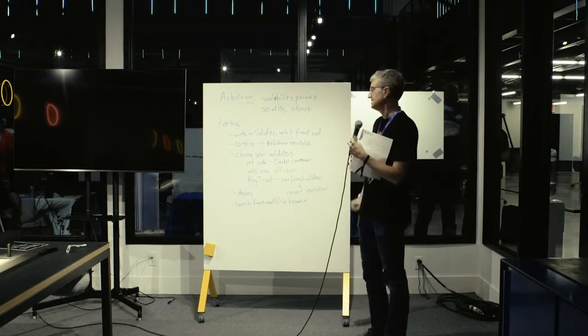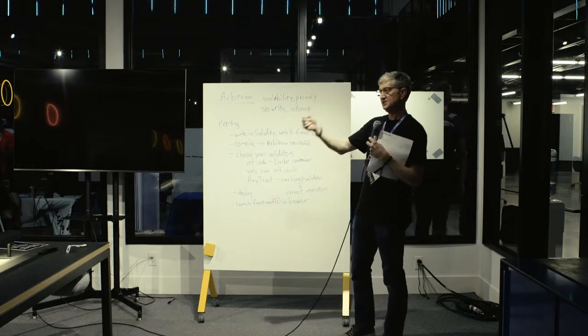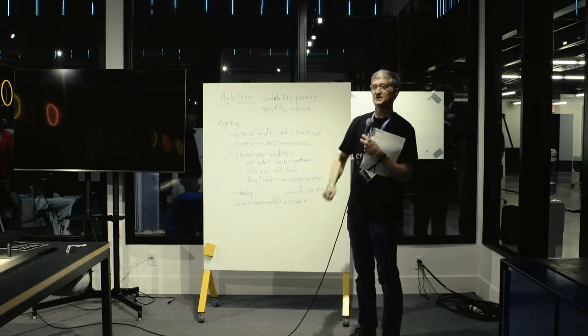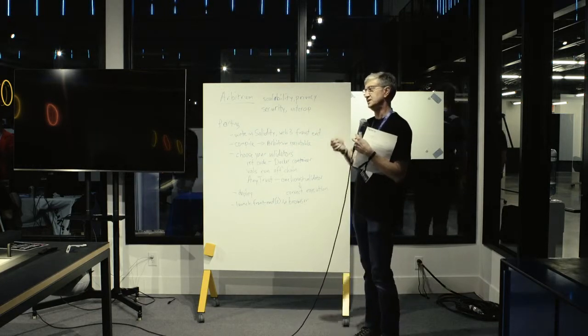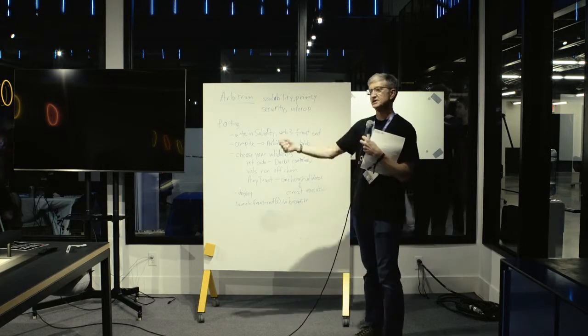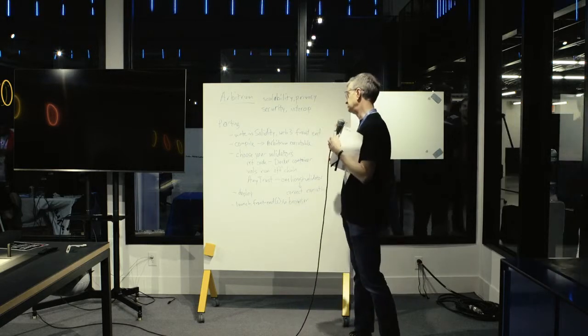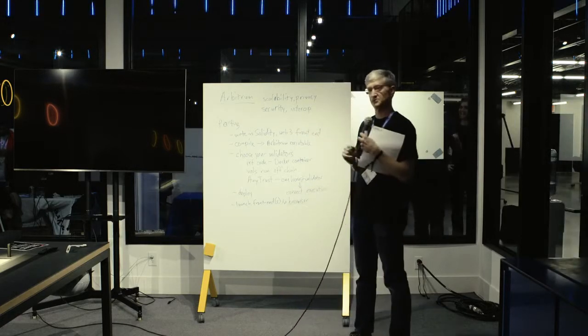So what that means is that when your front end wants to do an RPC call to the contract, that RPC gets directed to the Arbitrum infrastructure, which sees that it's delivered in the appropriate way to the correct running contract on the Arbitrum platform.